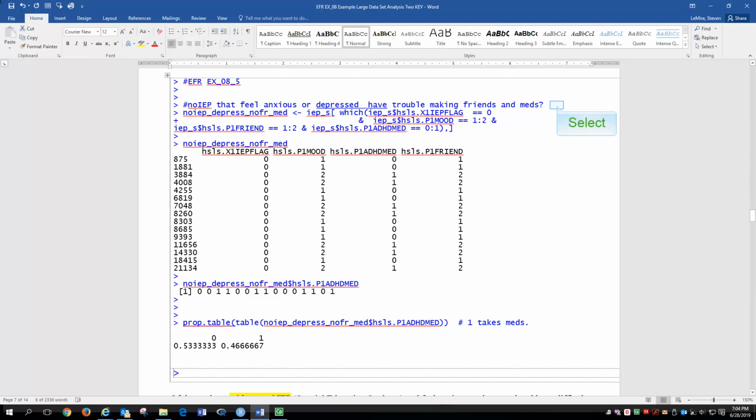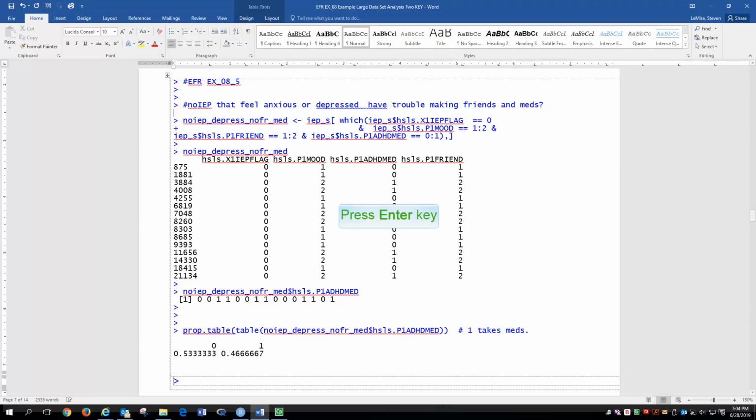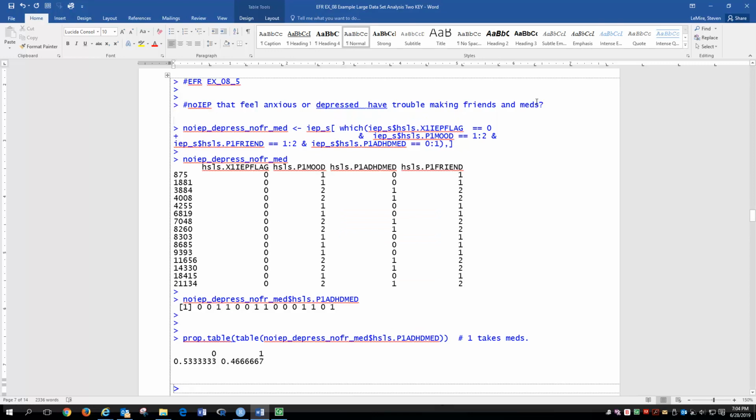So here's my code. IEP underscore S is my main data frame. That's what I created initially. So here's my which command, and notice it's in the square brackets.